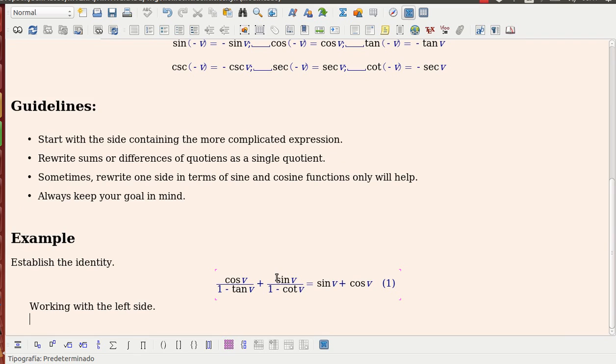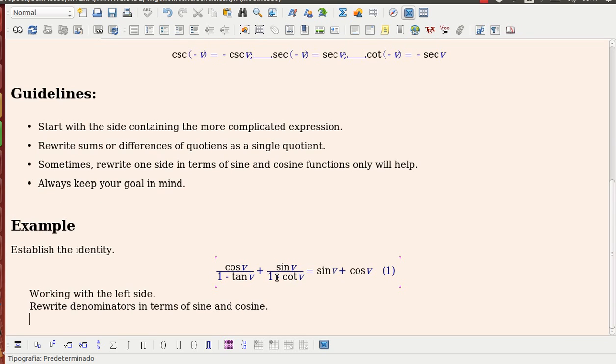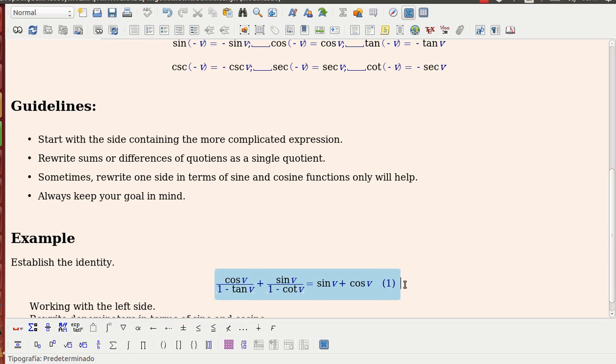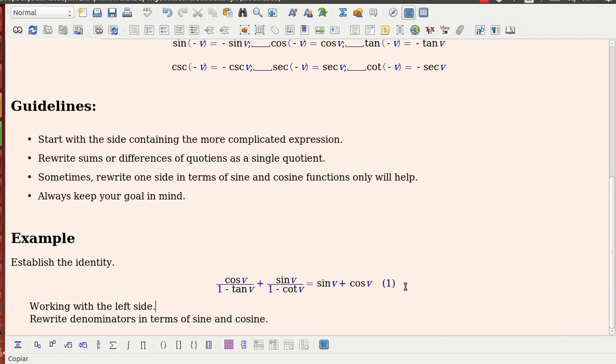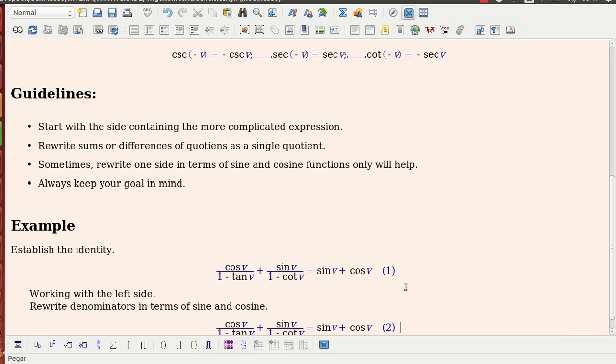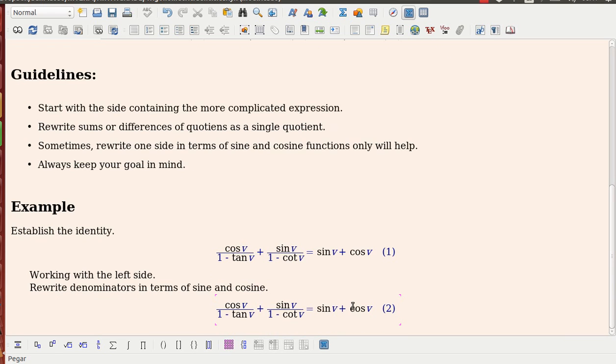Now I'm going to rewrite the denominators in terms of sine and cosine.